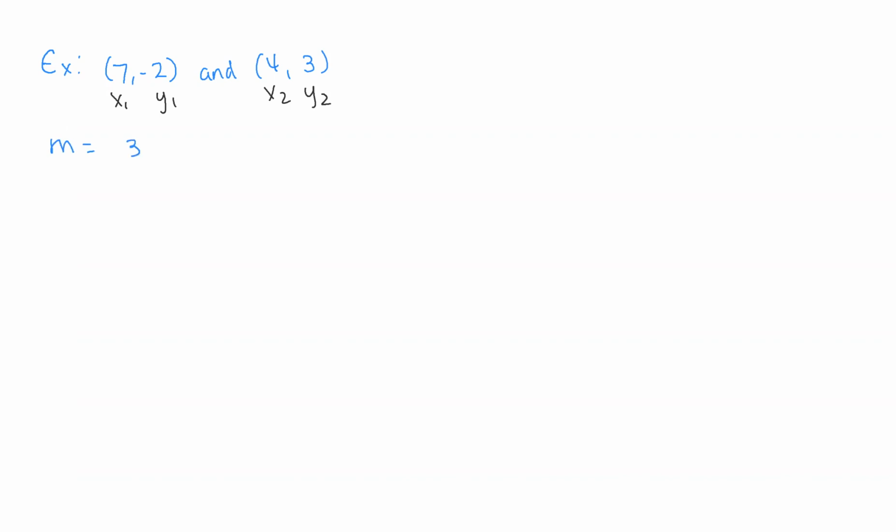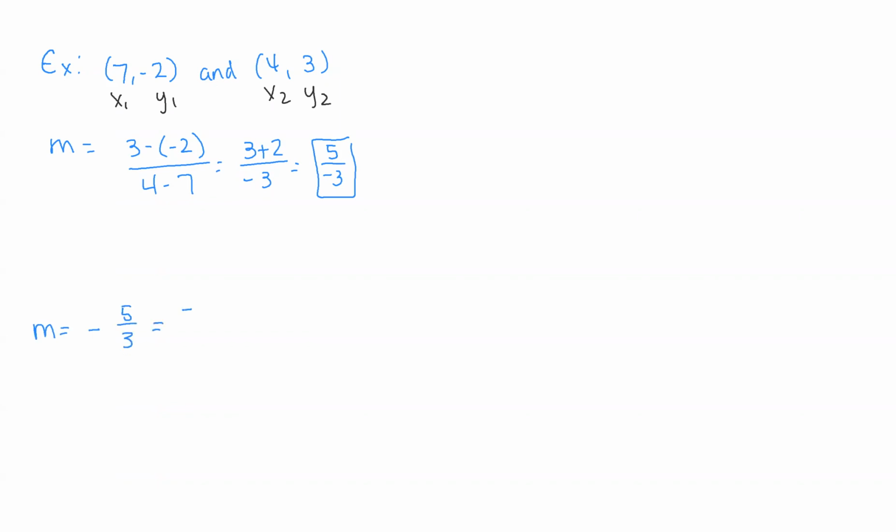So y2 minus y1, watch your signs, x2 minus x1. Well, 3 minus negative 2 is really just 3 plus 2. And then 4 minus 7 is negative 3. So I get 3 plus 2 is 5 over negative 3. Now, here's something that I want you all to know. If I have m equals negative 5/3, I just have the negative out front.